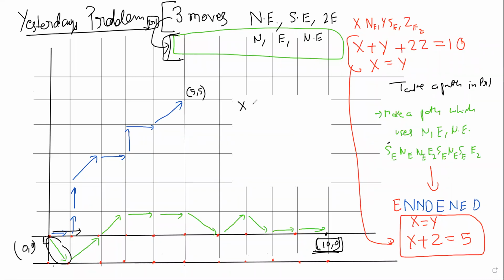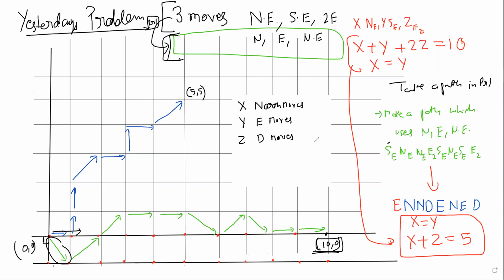It translates to x north moves, right? Y east moves, E moves, right? And Z D moves.